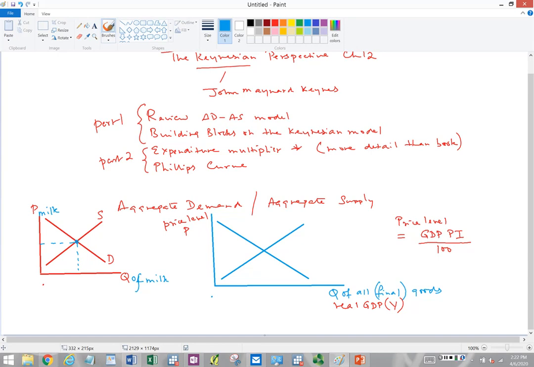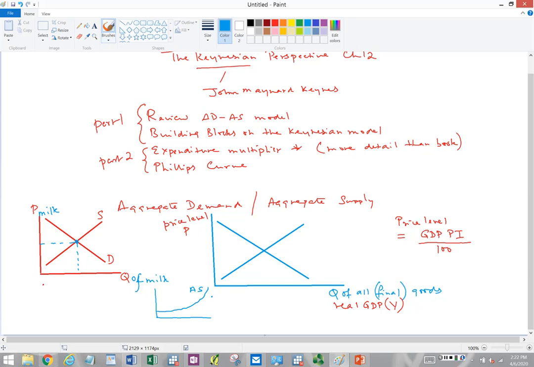And this is something that you will discover if you read the relevant book chapter. It's typically drawn as a curve like this, flat in the beginning and then steeper and steeper until it becomes almost vertical. So that is a typical way of drawing the aggregate supply curve, but for simplicity, I'm going to draw the curve as a straight line.